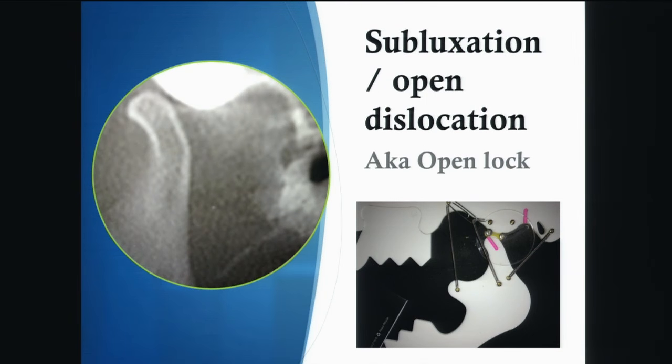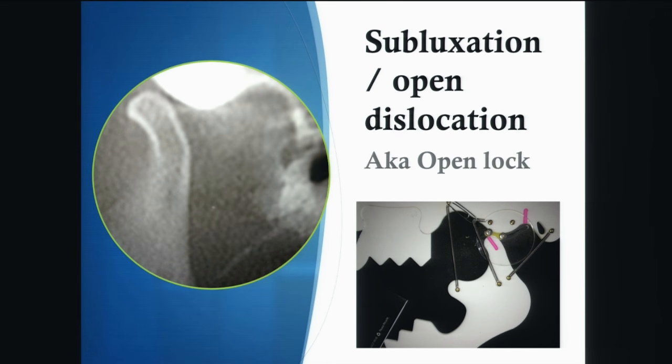This is another one that people have probably heard of. It is an open lock, and it's actually a subluxation of the entire joint in front of the articular eminence. And the joint is basically not able to come back over this bump here. It's stuck because the pull of the muscles is actually maintaining it in that fossa.